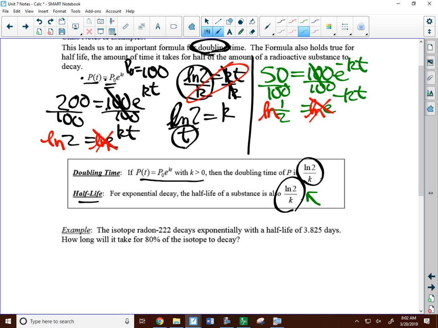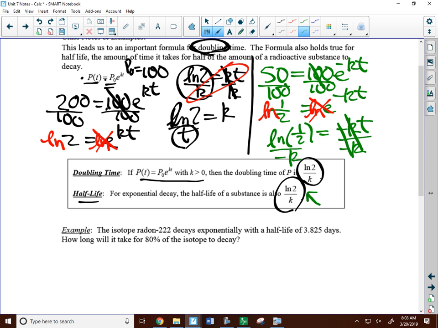So I get ln of a half, or you can write 0.5 if you want, and over here I get negative kt. Now, as before, we could solve for k or t. But if they want half-life, that's time, the amount of time it takes for half of a substance to remain. So let's solve for t again. Divide by negative k.